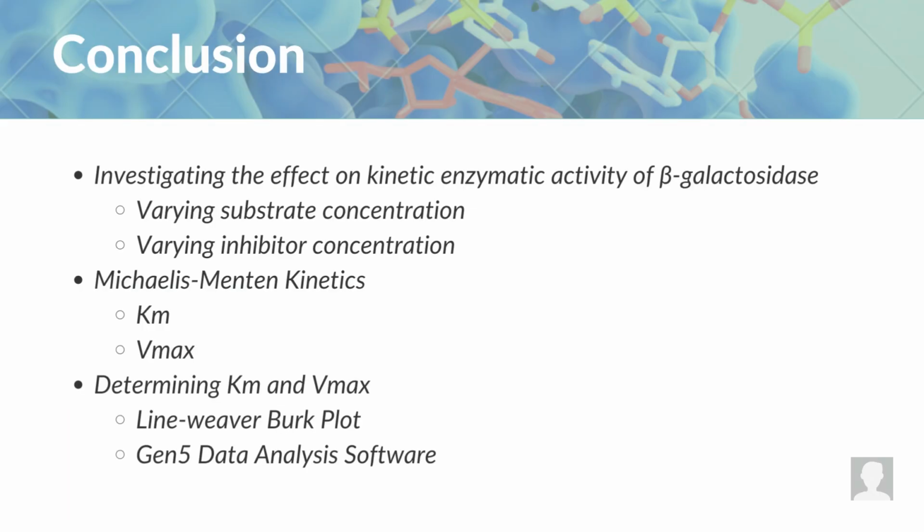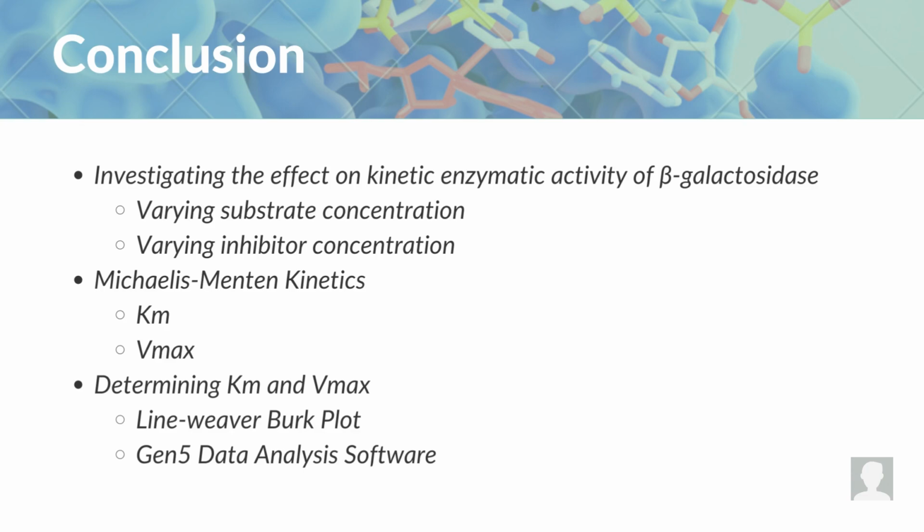To wrap up the presentation, here's a summary of what we have discussed earlier. First of all, 2 experiments were conducted as per the experimental case study. The effect on kinetic enzymatic activity of beta-galactosidase was investigated while varying concentrations of substrate OMPG as well as inhibitor PETG, which has a similar structure to OMPG.